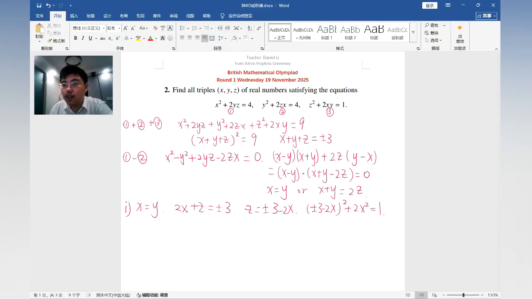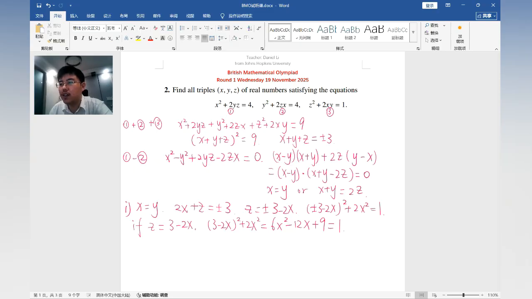So if z equals to 3 minus 2x, then the left hand side is 6x squared minus 12x plus 9 equals to 1.